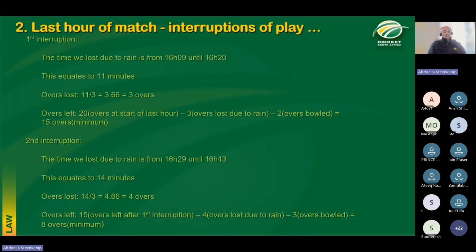Then we deduct 4 overs that we lost due to rain, and then we deduct the overs that were bowled, which was 3. 15 minus 4 minus 3 gives you 8 overs minimum. So before we take the field at 16:43, we will inform both captains: Captains, we have 8 overs left minimum to complete in the last hour.